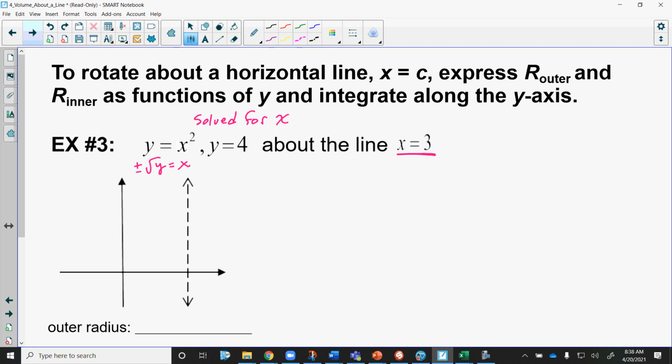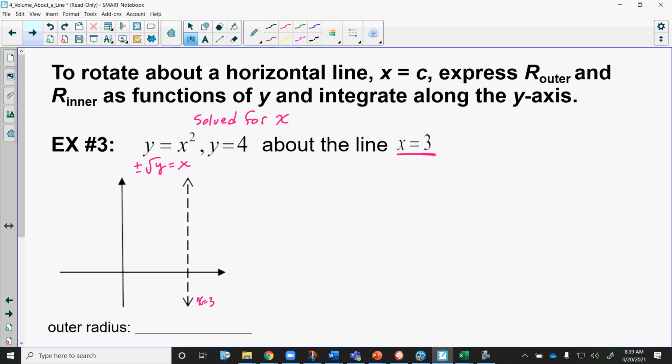So let's see what we have. So here, this is the line x is equal to 3, and the sideways, or the x is equal to the square root of y, that is going to give us something. What am I missing here for the function?